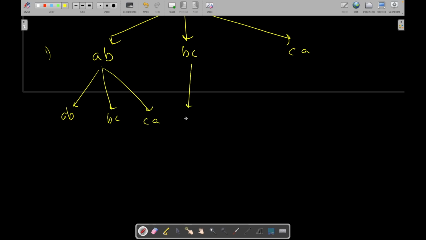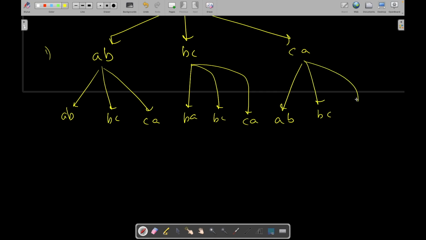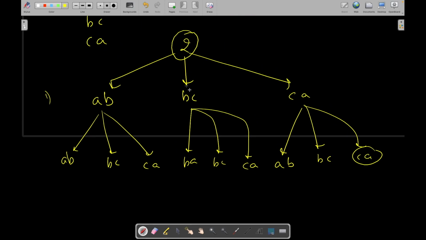If I'm taking AB twice, the friendship value of AB becomes 2, and currently my answer is 1. Here currently my answer equals 0, and here also it equals 0.